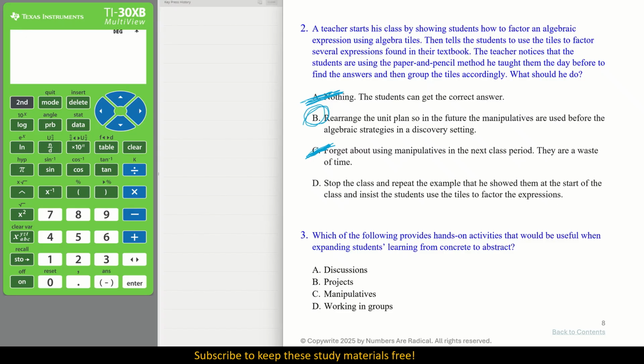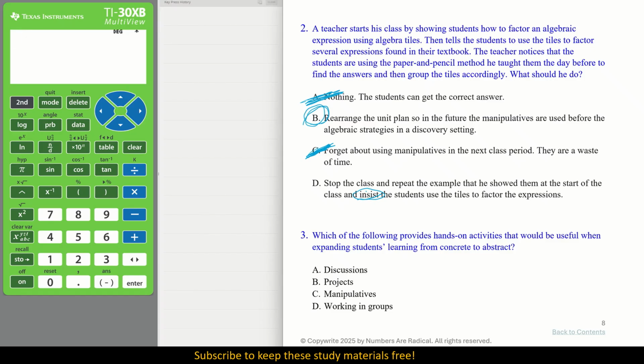Stop the class and repeat the example that he showed them at the start of the class and insist the students use the tiles to factor the expressions. That is negative also because of the word insist. The only time you'd stop the class is if they had a huge misunderstanding.